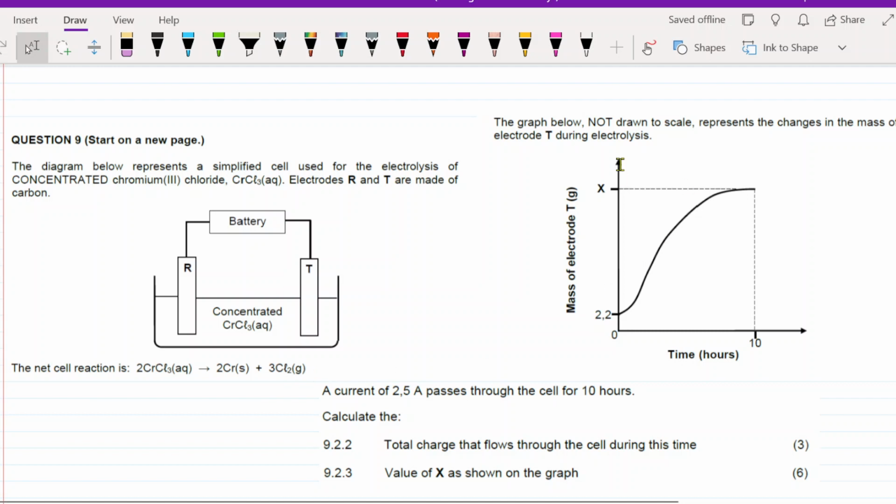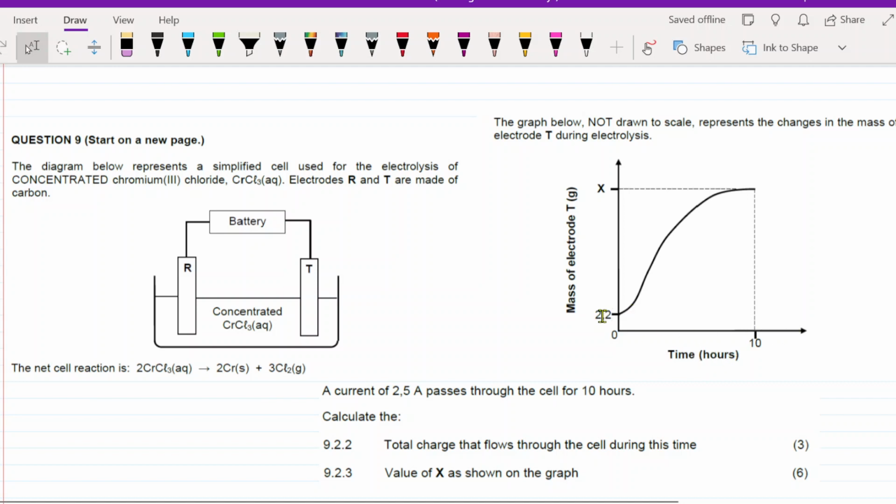If you go to the right here, they said the graph below, not drawn to scale, represents the changes in the mass of electrode T during electrolysis. This is the mass of the electrode, the mass deposited, on the y-axis. Then on the x-axis we have the time in hours.